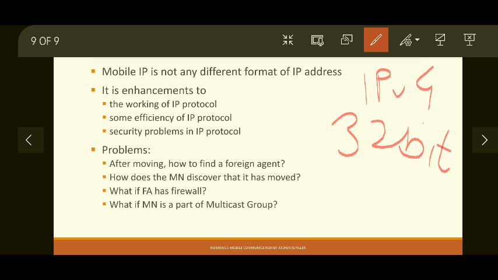The first one is the working of the IP protocol, in which case in a fixed network the working is very simple, router to router communication for delivery of packets. But in this case we are forming a tunnel to reach the actual current destination of the mobile node. So a slight enhancement to the working, then enhancement to the efficiency of the IP protocol.